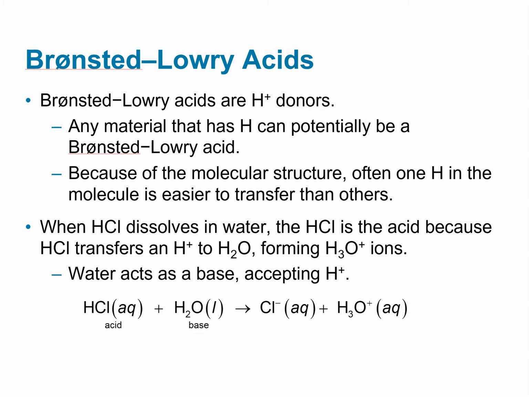So our acid is hydrochloric acid. Our base is water. Hydrochloric acid acts as the acid because it donates the proton. You can see it giving it up. And the base acts as the base, by the Bronsted-Lowry definition, because it accepts the proton.